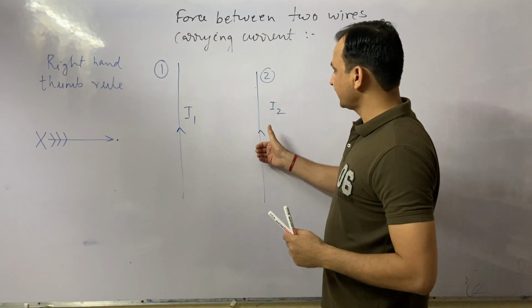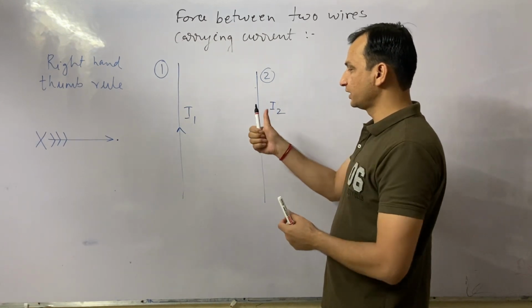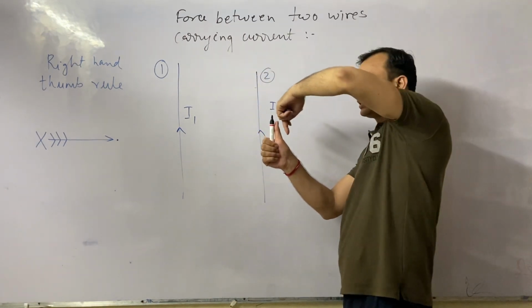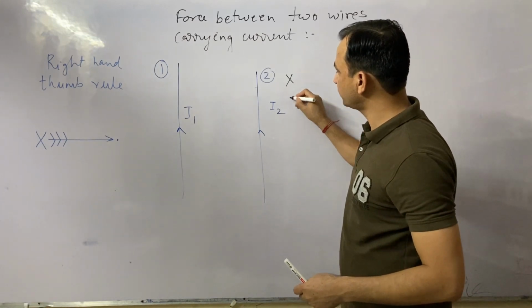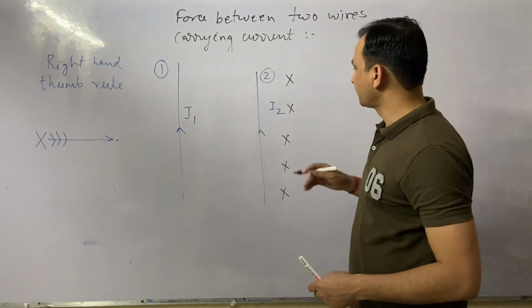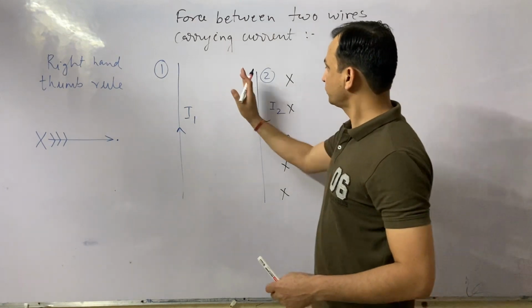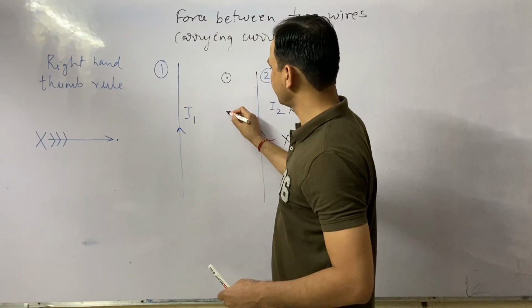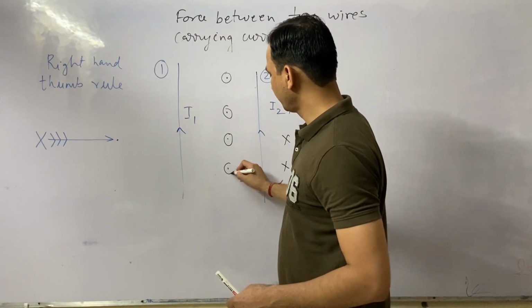If you use the right hand thumb rule, wire 2 is carrying current upward, so magnetic field lines would be something like this. It means magnetic field lines to the right side are going into the page, and for me, they are going into the whiteboard. And to the left side of the wire, they are coming out of the page, or coming out of the whiteboard.